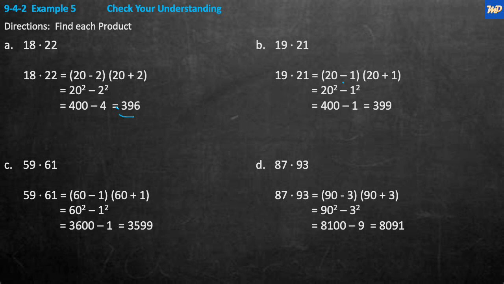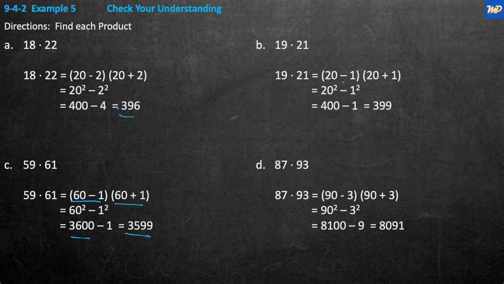So 20 squared is 400, and minus 1 squared is 1, so 400 minus 1 is 399. How about 59 and 61? Those are going to go to 60 minus 1 and 60 plus 1 for problem C here. And then we'll take 60 squared, which is 3,600. And the 1 squared is 1, and it's negative 1, so 3,599.